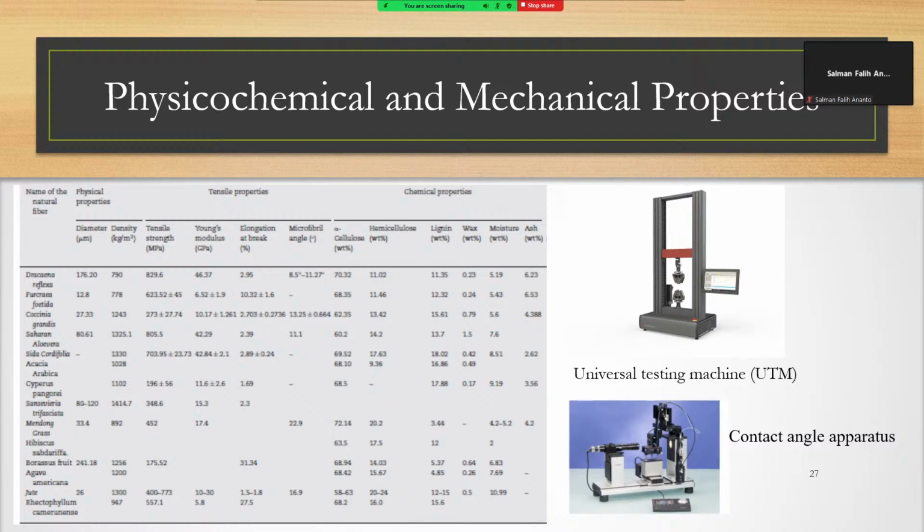The tensile properties of natural fibers are driven by three main factors: test parameters and conditions, the type of plant fiber, and the fiber dimension. Fiber dimension means thickness, width, and length on the cross section.